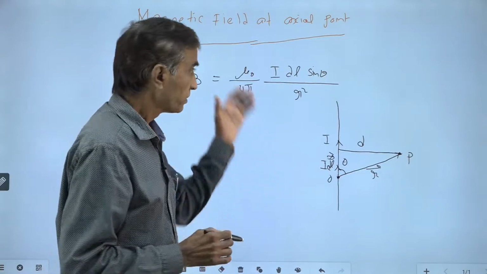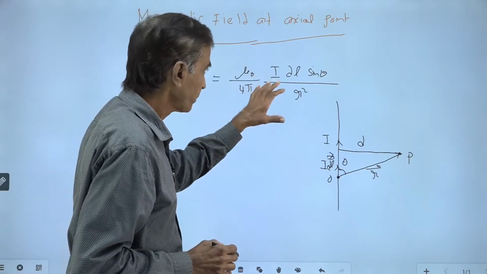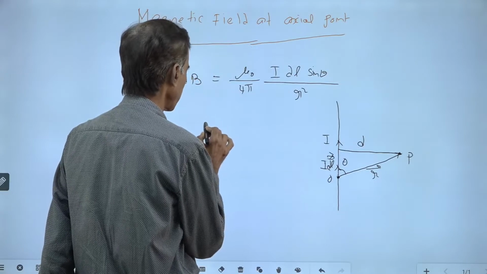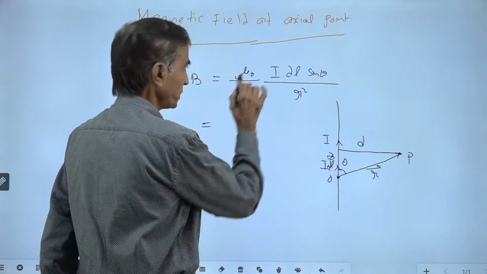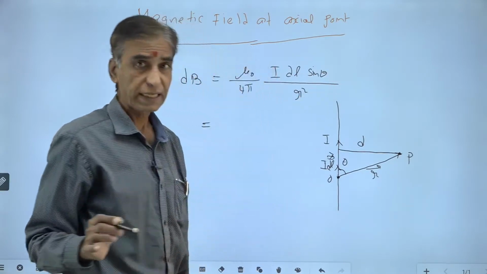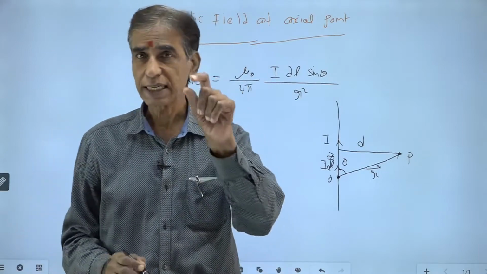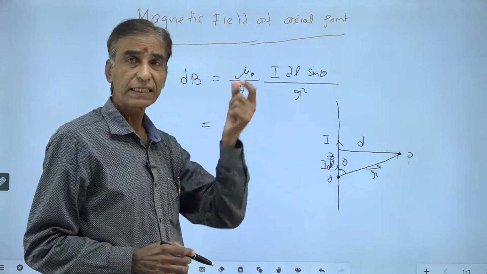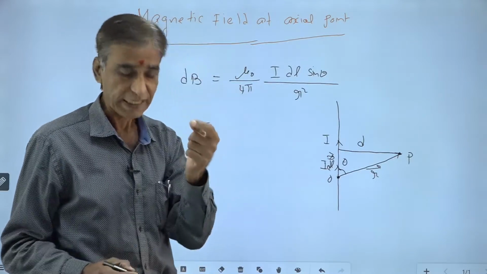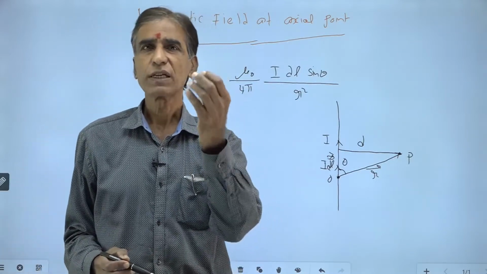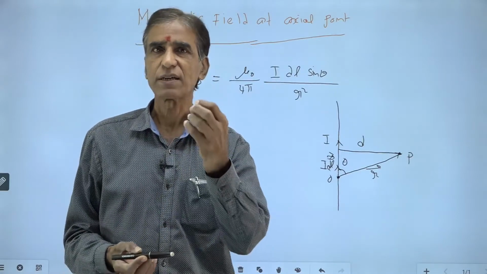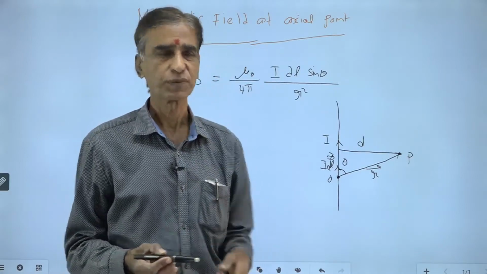Now, in vector form, see how we are going to write this. This is the magnitude. Now I have to indicate the direction of this dB, the magnetic field. For that, we already know we use a unit vector, because a unit vector indicates direction.